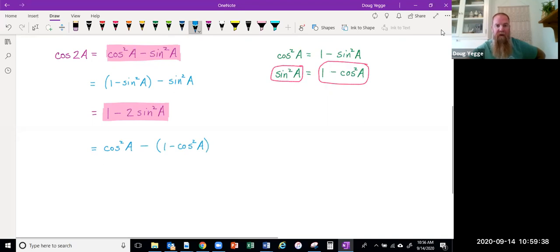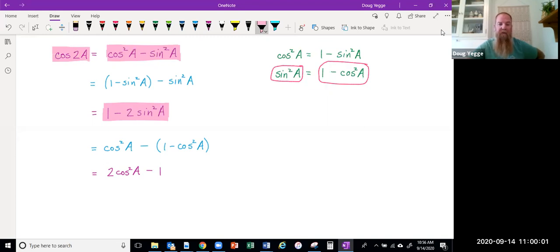And now by distributing that negative, that gives us cosine squared a minus 1 plus another cosine squared a, which gives us 2 cosine squared a minus 1.